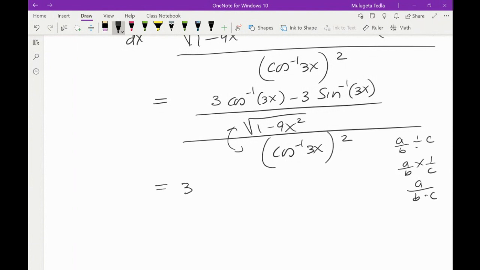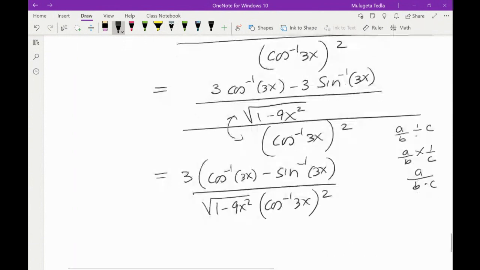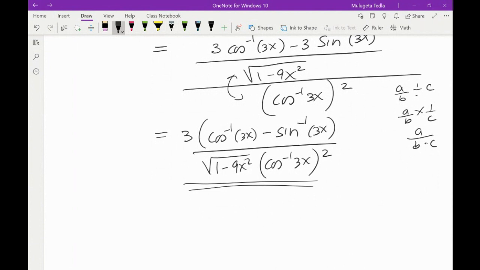So 3 is common: cos inverse of 3x minus sine inverse of 3x over the square root of 1 minus 9x squared times cos inverse 3x the whole squared. This is a complete answer. Hopefully you followed me. Is there any concern there?